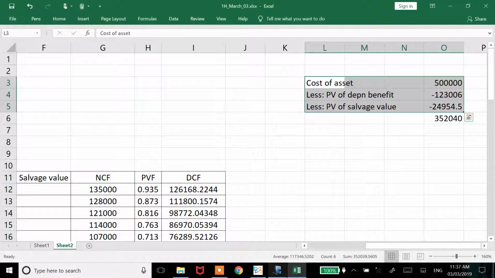So this is what we will do in case the interest rate and after tax cost of debt is same. It's covered in the theory part. If both are same, we are going to use the shortcut. The logic is, whenever the discount rate and the rate of interest is same, in the process of discounting you will go back to the original cost of the asset. Clear? Any doubts in this?